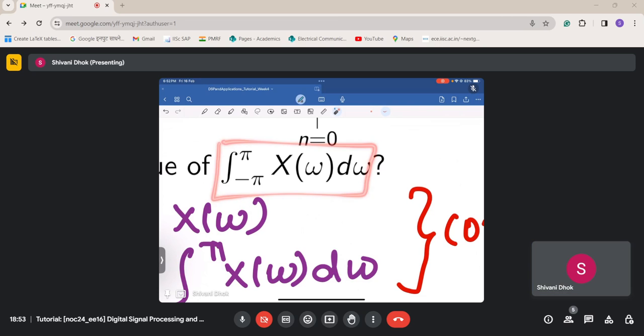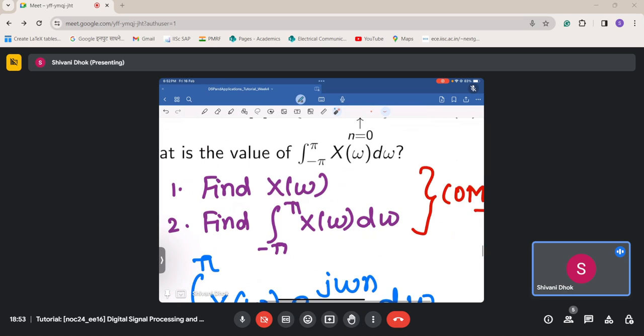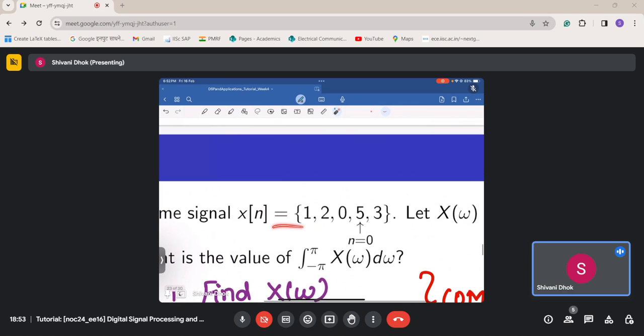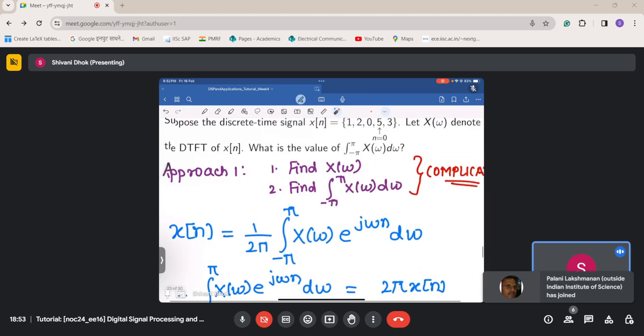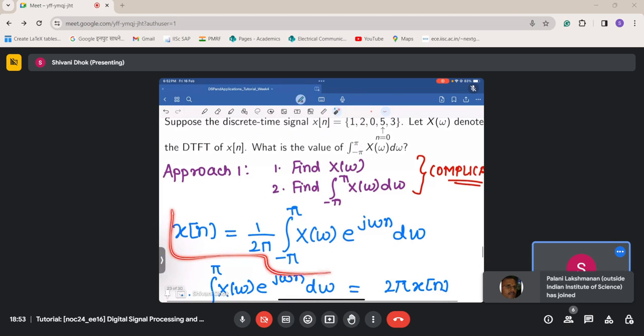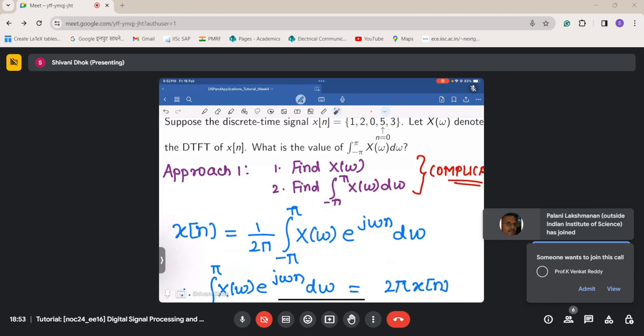One way is you find X(omega) from the given thing and then you integrate. It will be much more complicated. So what I propose is to look at this particular thing here and then somehow reduce this integral to the required form.